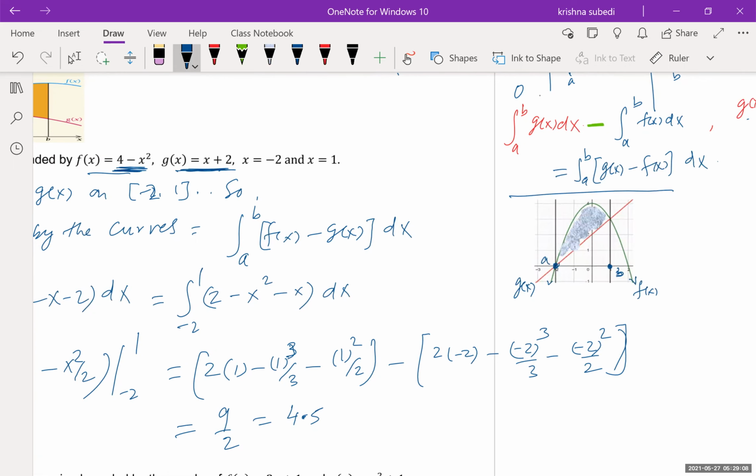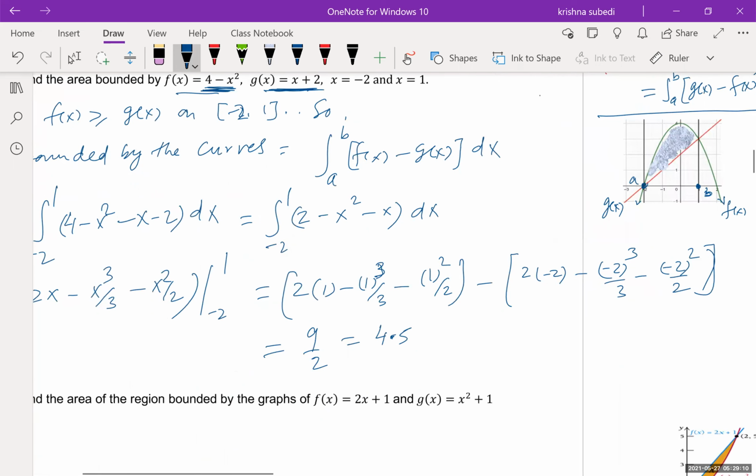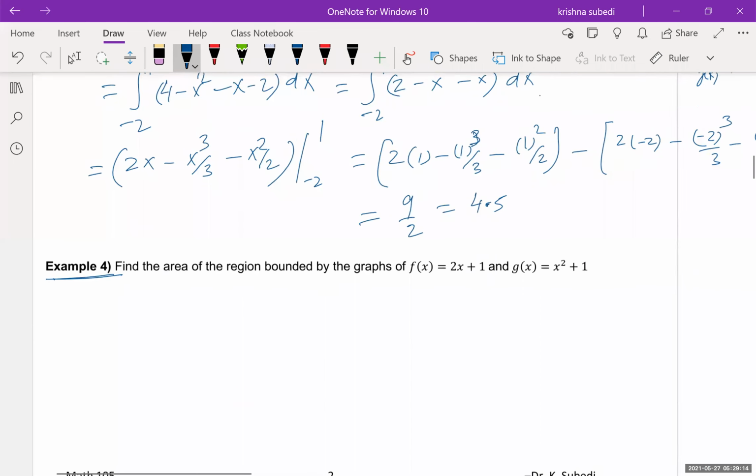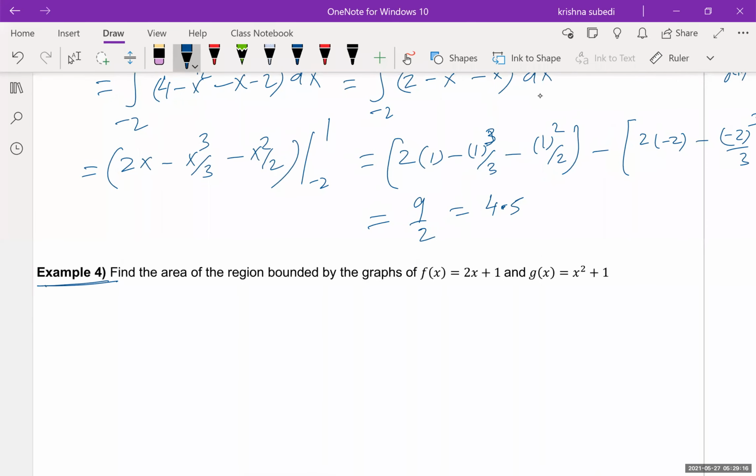All right. Now look at example 4. In example 4, we want to find the area of the region bounded by the graphs. So we are given two graphs and the interval is not given. Remember the formula is from A to B. So how do you find the interval here?